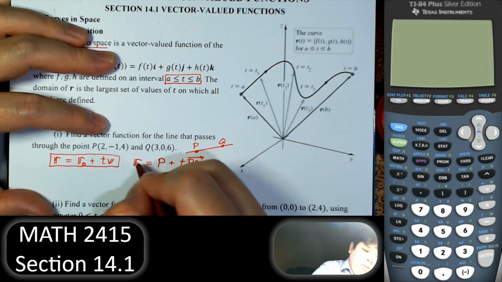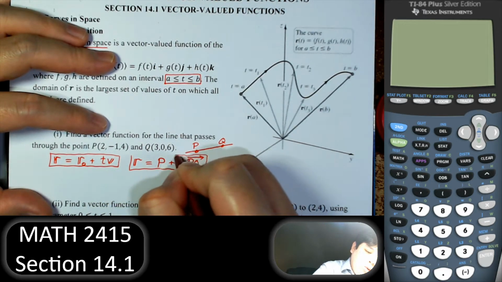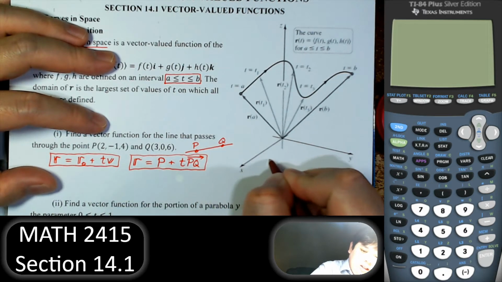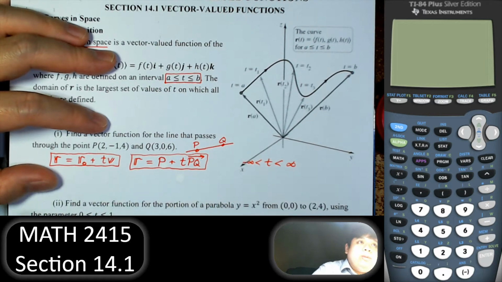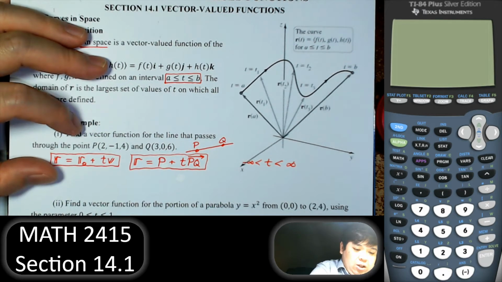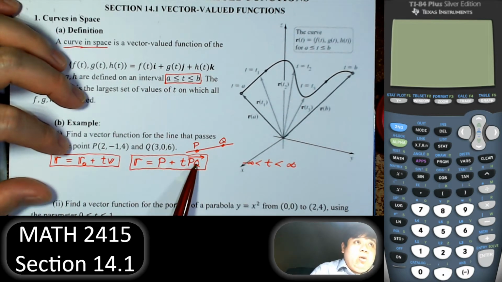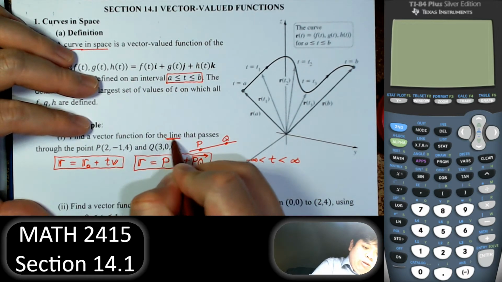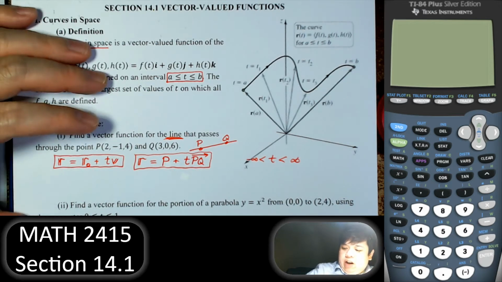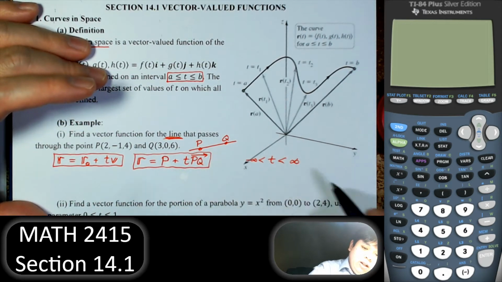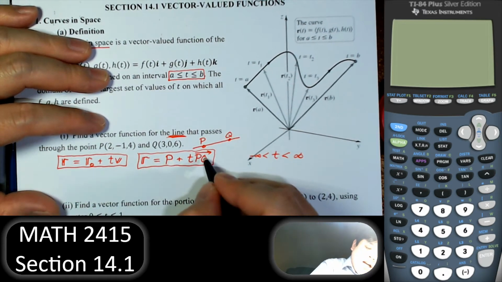And for both of them, we need t between negative infinity and infinity. So we need a point and a direction vector for a line.